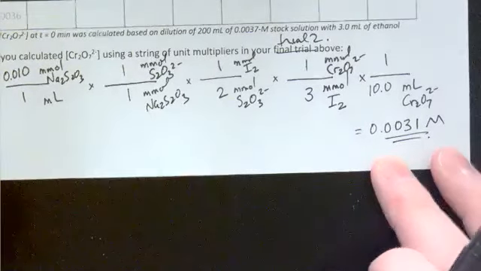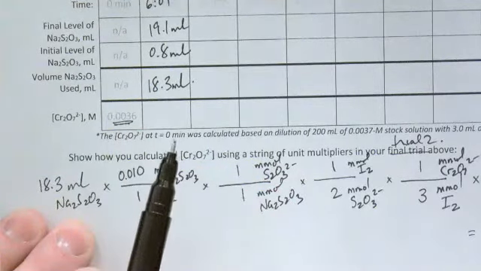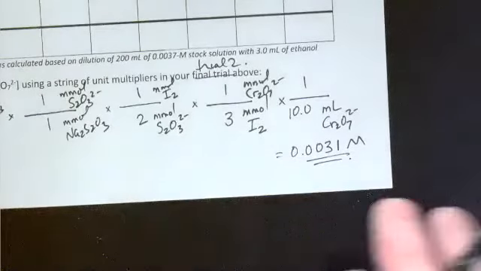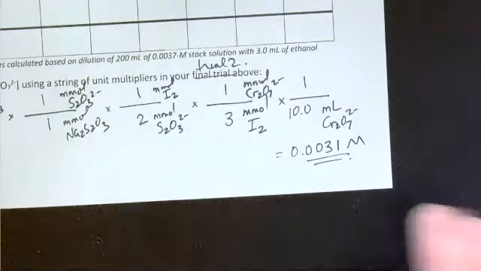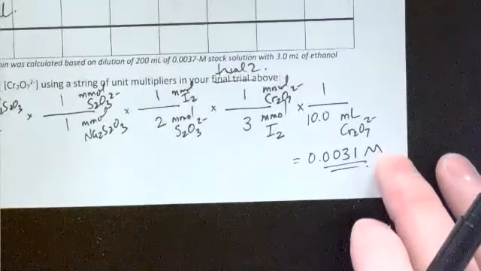If you recall, it says it on the data sheet, the starting concentration was 0.0036. So this is reasonable, isn't it? It had reacted with the alcohol and had fallen to 0.0031 after 6 minutes.